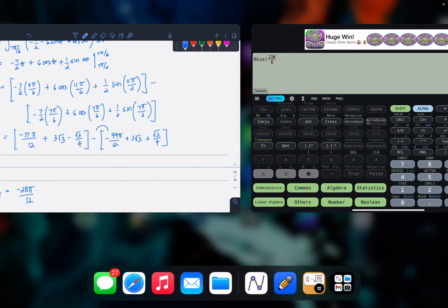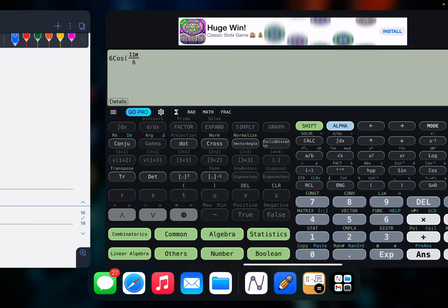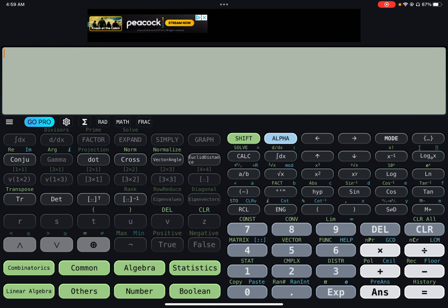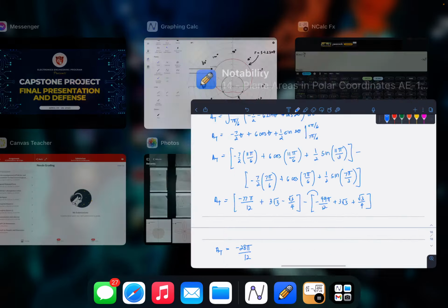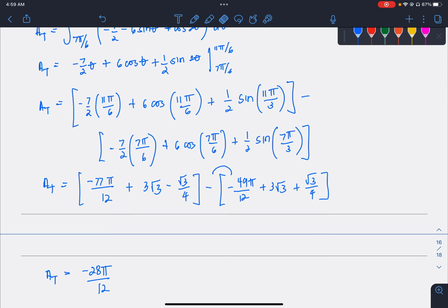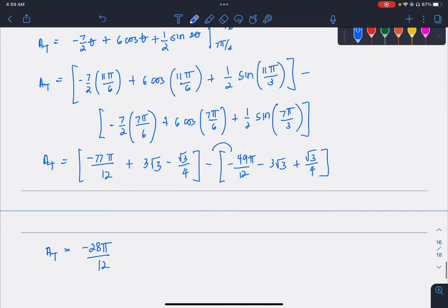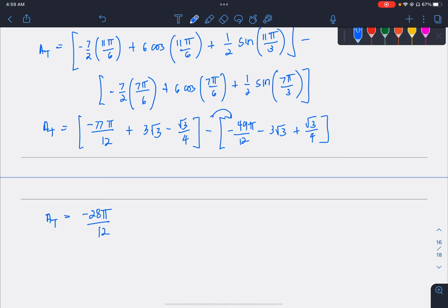How about 6 cosine 7 pi all over 6? 6 cosine 7 pi over 6. Okay, so this should be negative. Negative 3 square root of 3. Kasi pag dinistribute natin yan, so negative and negative, that would make it positive. So that would make it 6 square root of 3. Then this one will become negative as well. So that makes it negative square root of 3 all over 2.